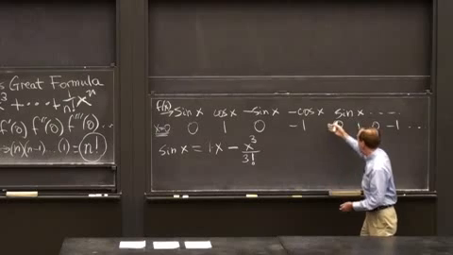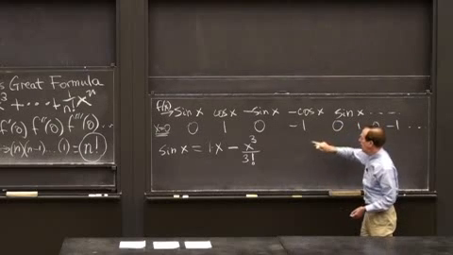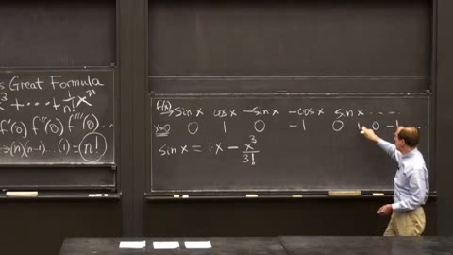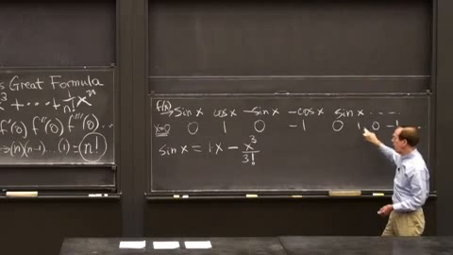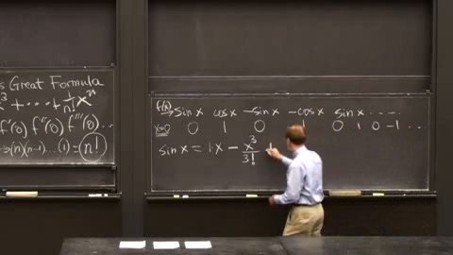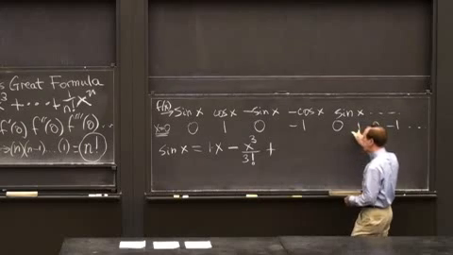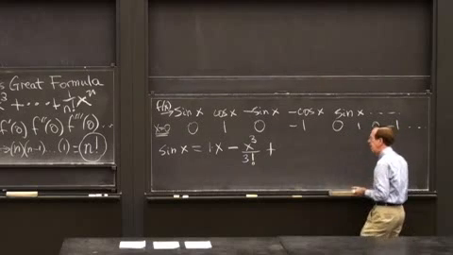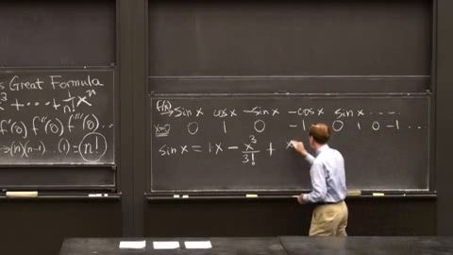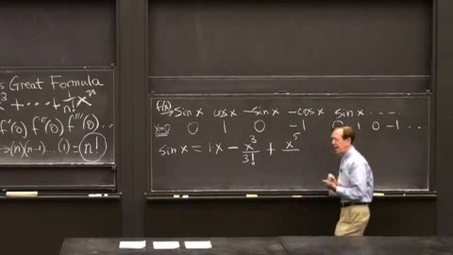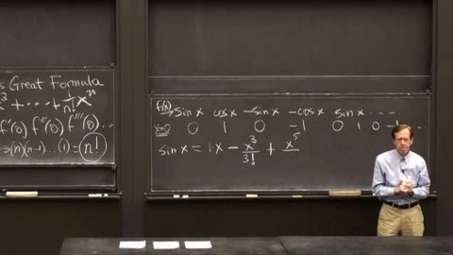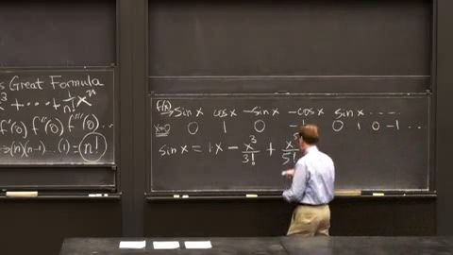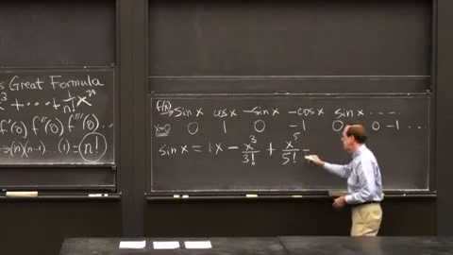And now the 4th degree term, the x to the 4th is not there. X to the 5th is going to come in with a plus. So there's a plus from this guy. This is x to the 0, 1, 2, 3, 4, 5, right? X to the 5th. And now what do I divide by now? 5 factorial. 120. And then minus, and so on.